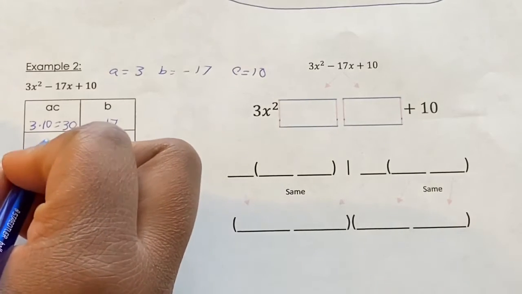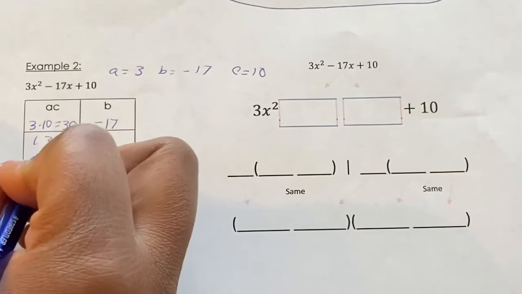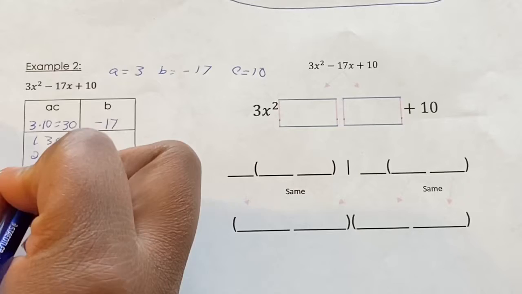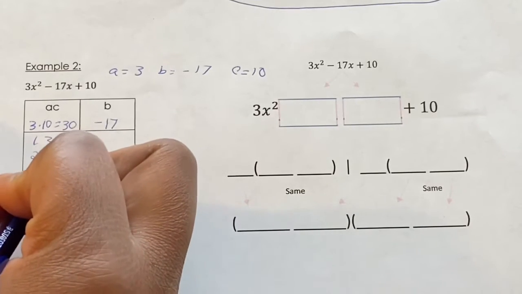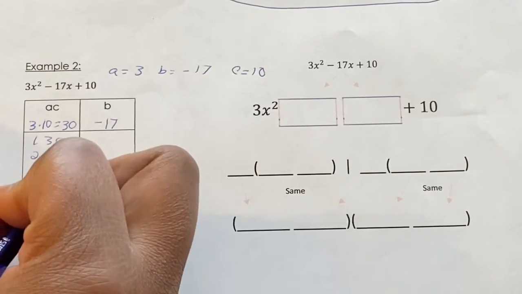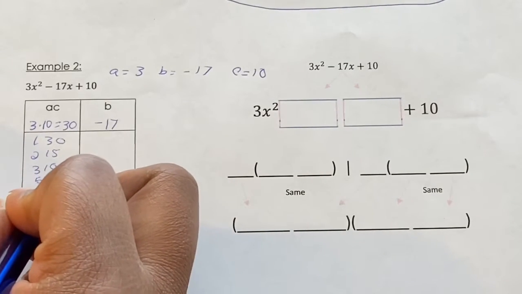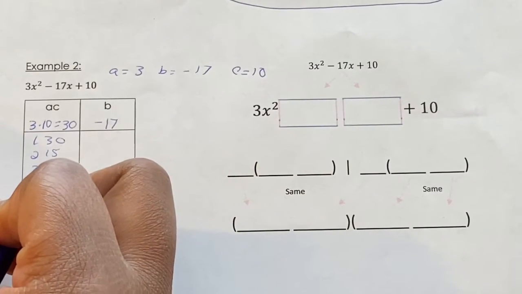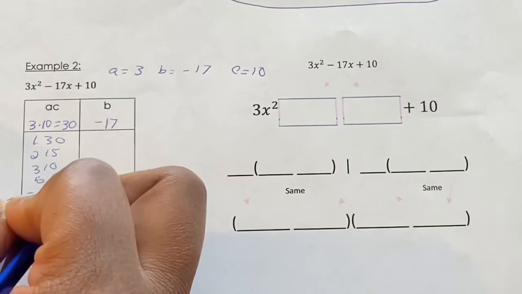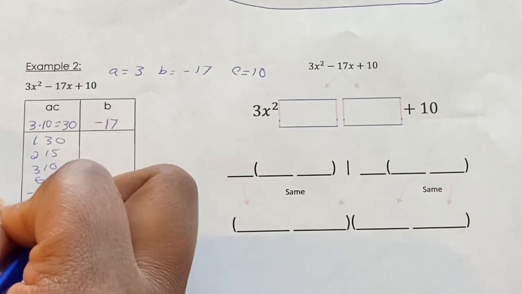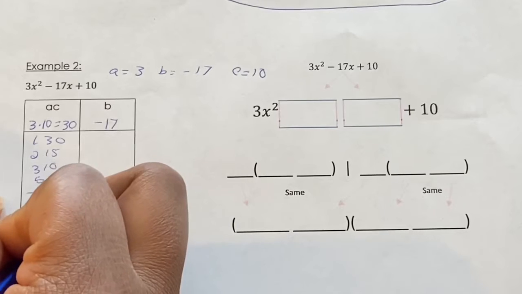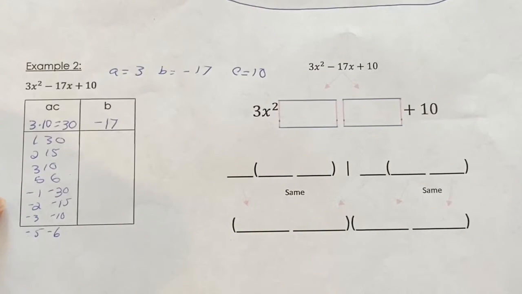So the factors of 30 are 1 and 30, 2 and 15, 3 and 10, and 5 and 6. It can also be negative 1 and negative 30, negative 2 and negative 15, negative 3 and negative 10, and negative 5 and negative 6, just like before.